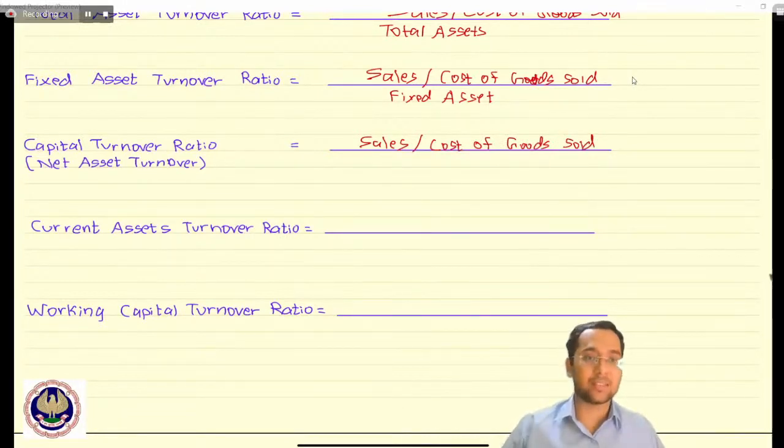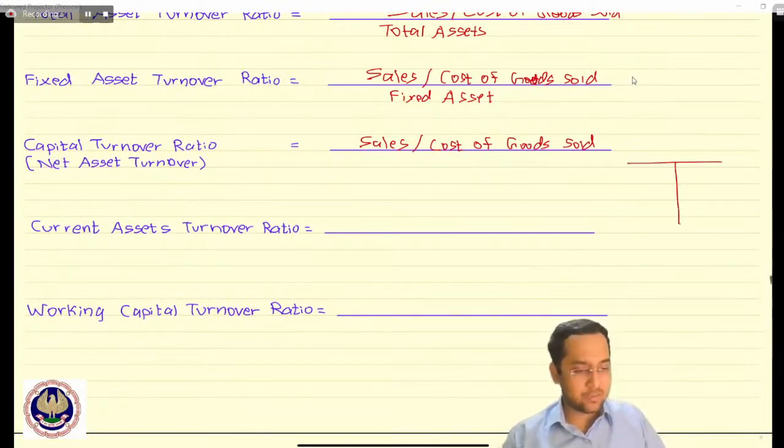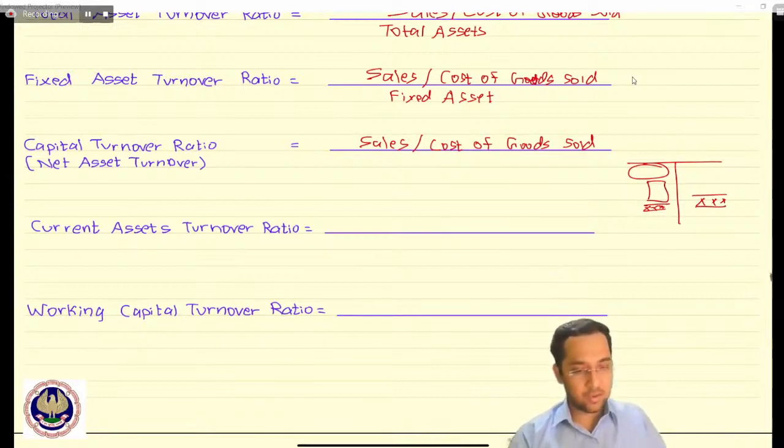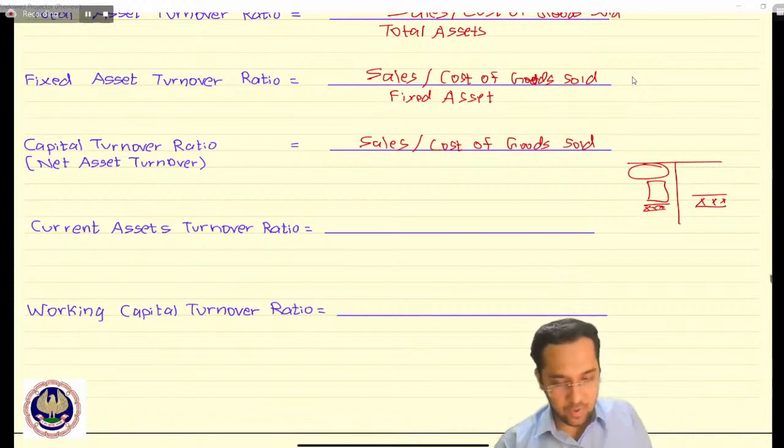Since it is net asset turnover or capital turnover, you look into the balance sheet, you have the total of assets, and from that you remove the outside liability component. Whatever is left is nothing but capital employed. The net asset is simply the total of assets less the current liabilities, and therefore in the denominator we are going to have net asset.